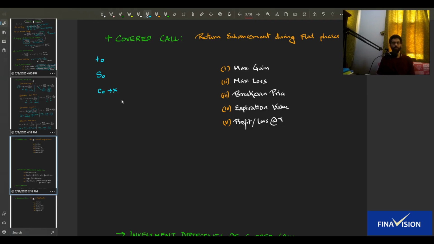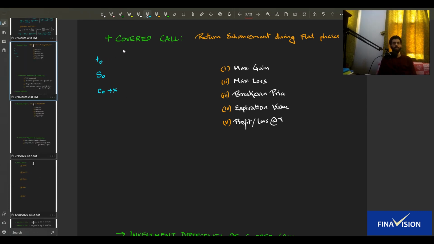If anyone has a question about what the ideal strike price should be: instead of T0, let me write T = 0 here, at initiation. Let's say at T = 0, the investor buys the stock at $100 and sells a call at $100. This means two things.